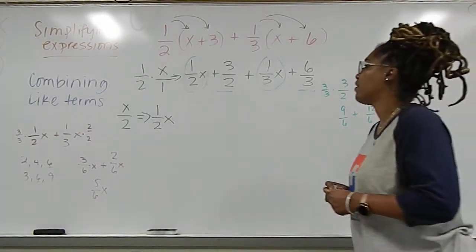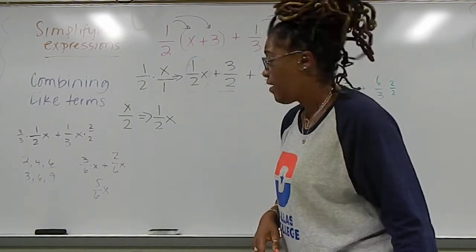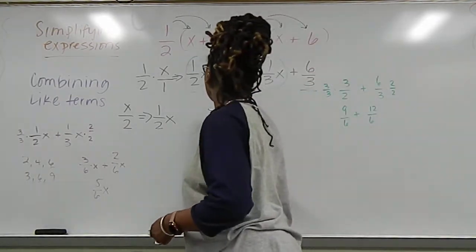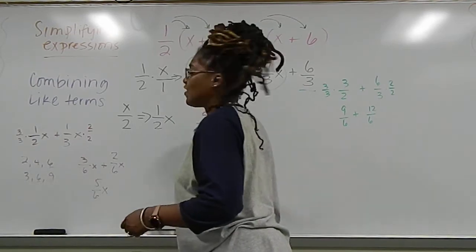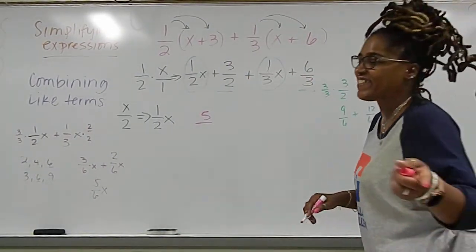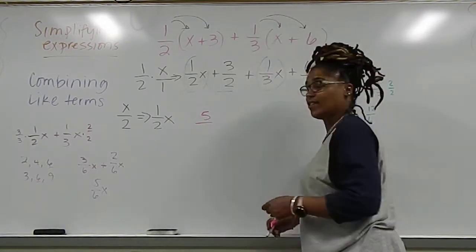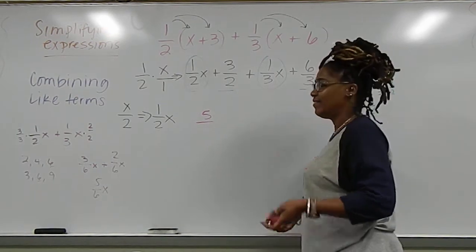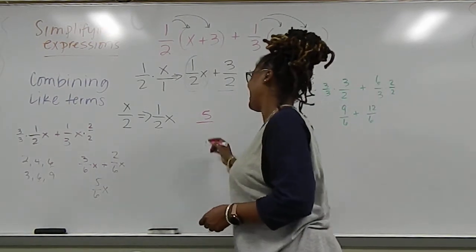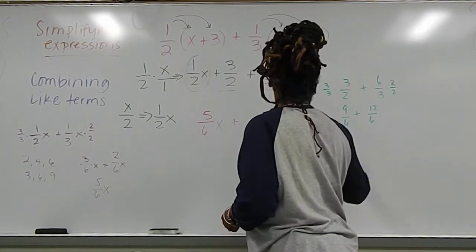So we can rewrite our new equation that we have now as expression. There's no equals, so our new expression, did y'all catch that? Better be paying attention. 5 over 6x plus, what do we have?